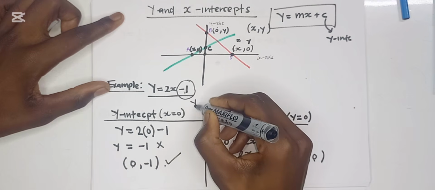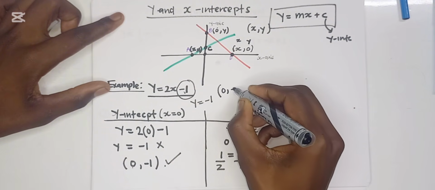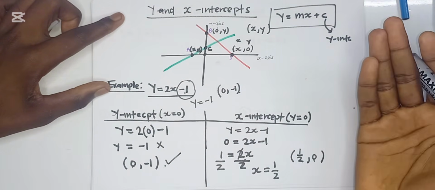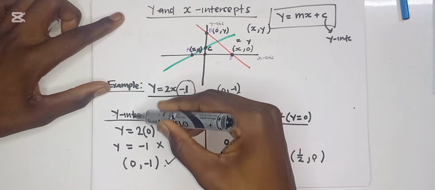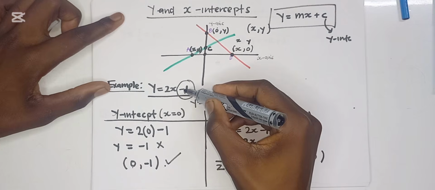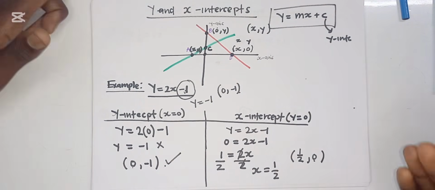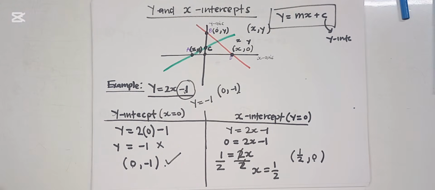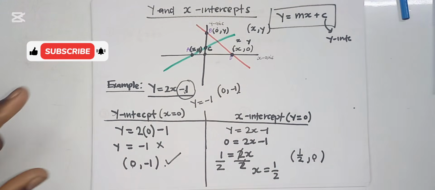So the value of y is going to be equal to -1, and then our coordinate is going to be 0 and -1. So it is not necessary on a straight line to calculate the y-intercept by using this method, while you can see it here. Where it is necessary is to find the x-intercept because you cannot see it there. So I hope this video has explained absolutely everything about the x and the y-intercept.